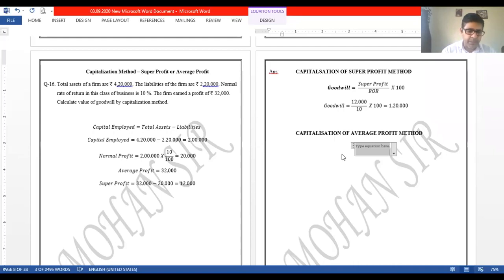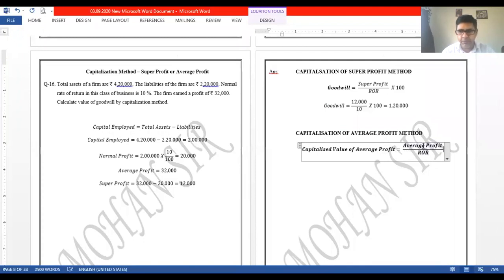So finally, the first step here will be to have the capitalized value of average profit. As I told you, we need to capitalize the average profit, right? The formula was the average profit, right, to be divided by the normal rate of return into 100. Okay, so let us apply this.